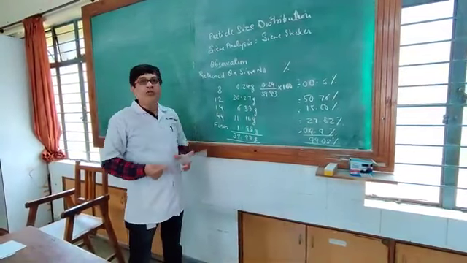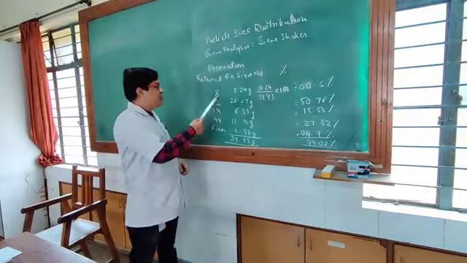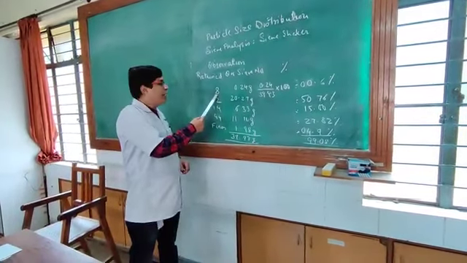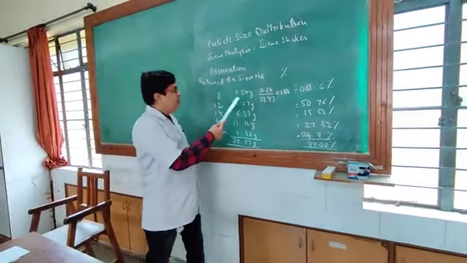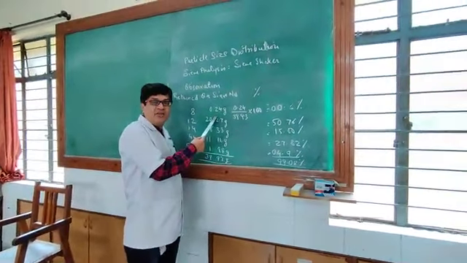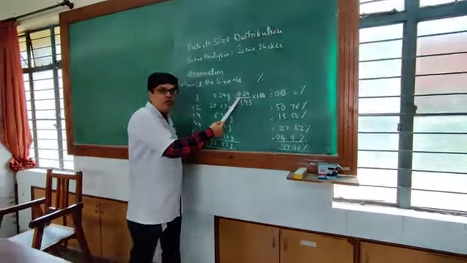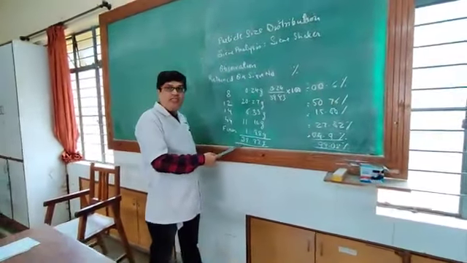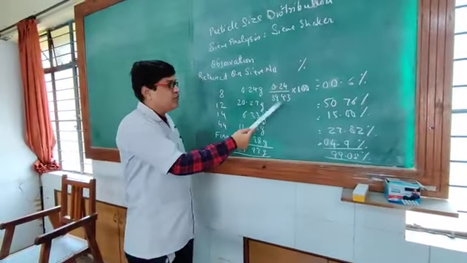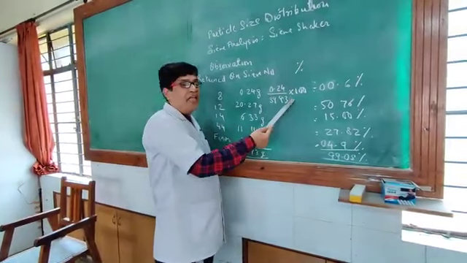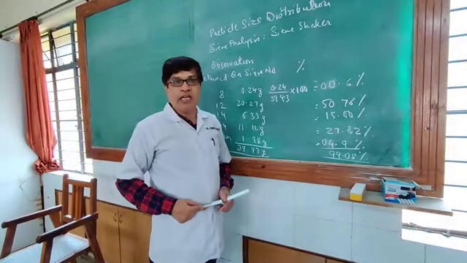Now we have to find out the percentage of granules retained on each sieve. For sieve number 8, the coarse granules, we divide the amount retained, 0.24 grams, by the total of 39.93 grams, and multiply it by 100.